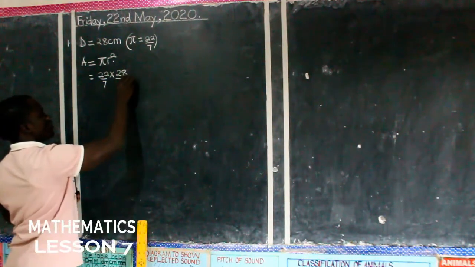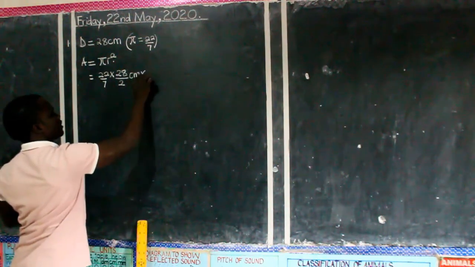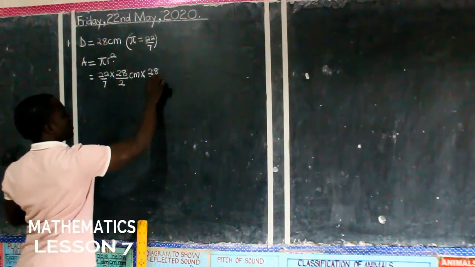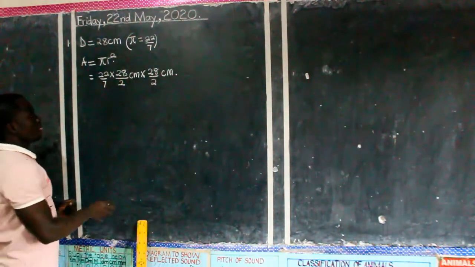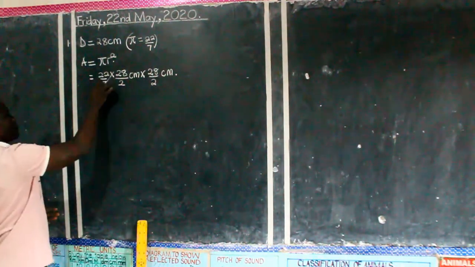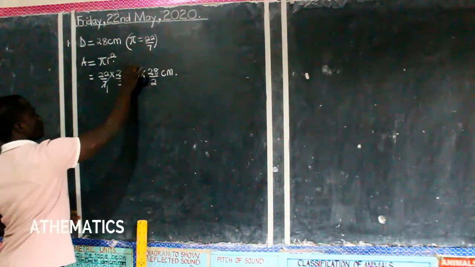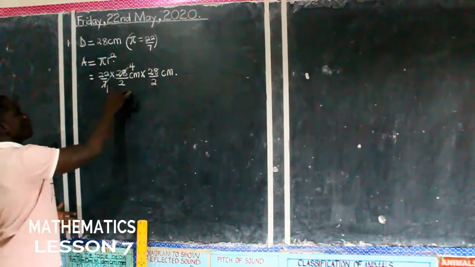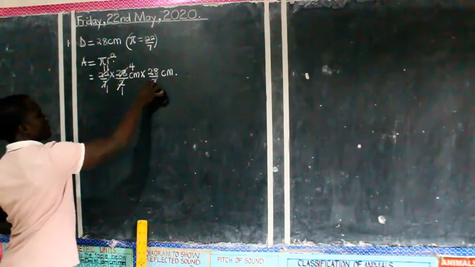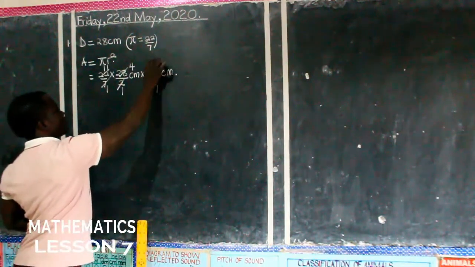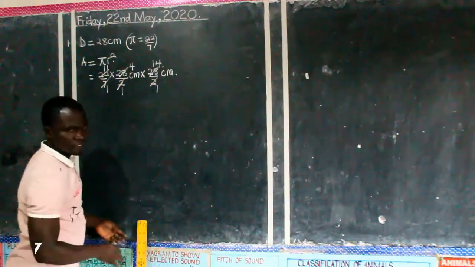So this will be 28 out of 2 centimeters times 28 out of 2 centimeters. Okay? From there we simplify. By 7, once by 7, 4. Okay? Very simple. By 2, once by 2, 11. By 2, once by 2, we shall have 14. Okay?